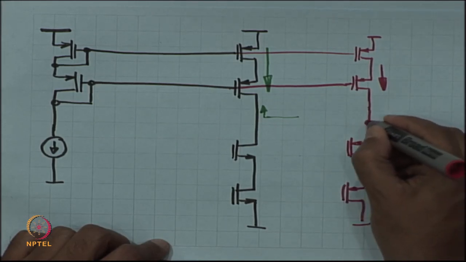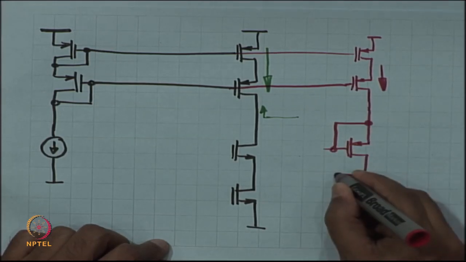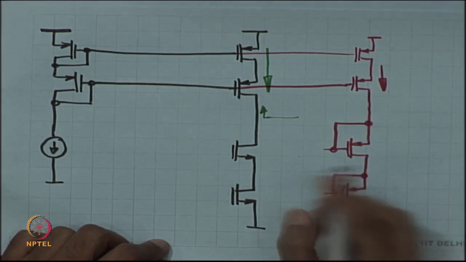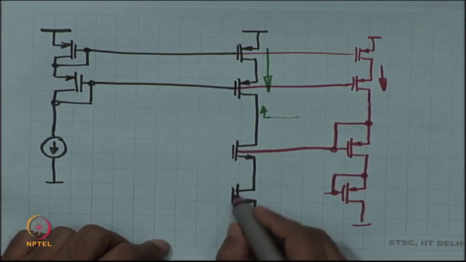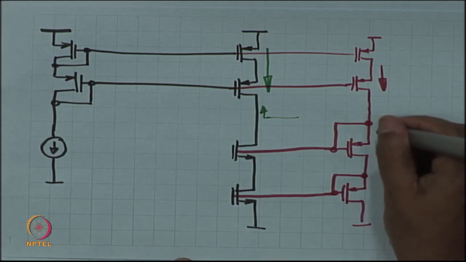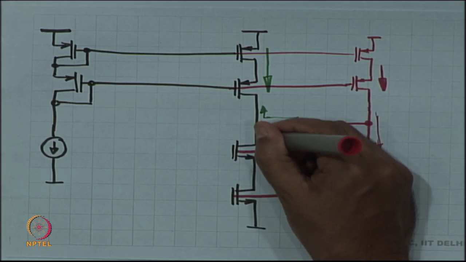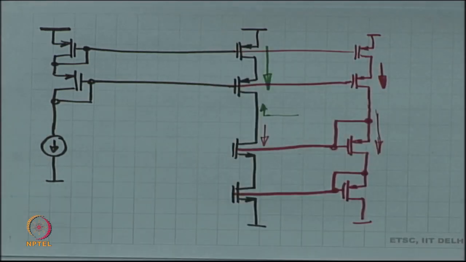And again I am going to do a Wilson current mirror. Okay. So, now this current is mirrored over here. So, the red current and the green current are going to be exactly the same. All right, is this okay?